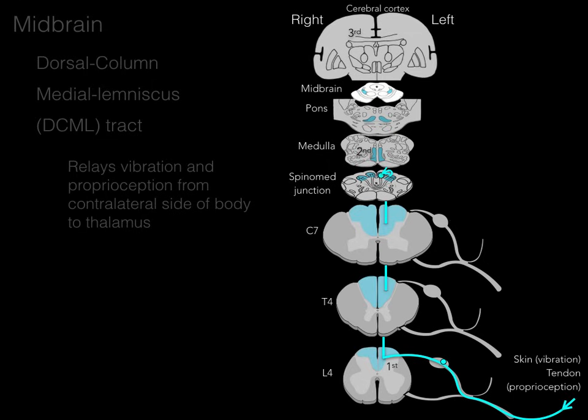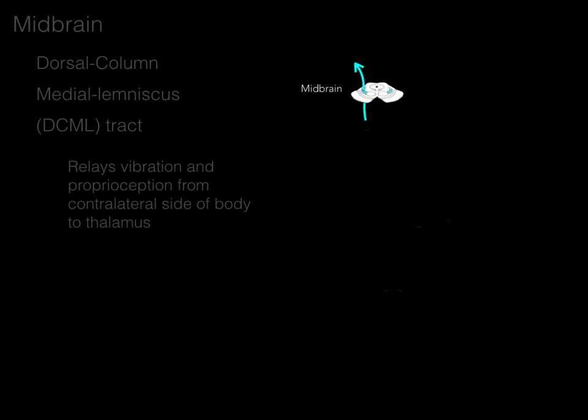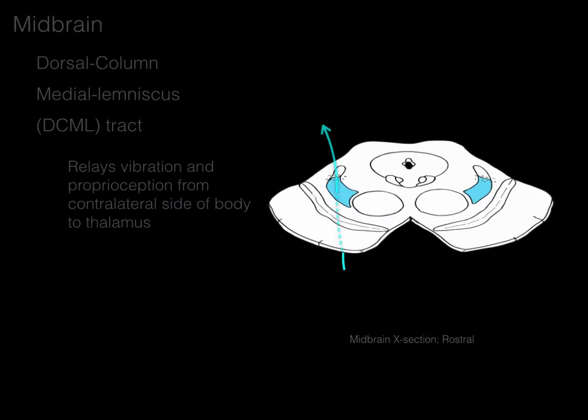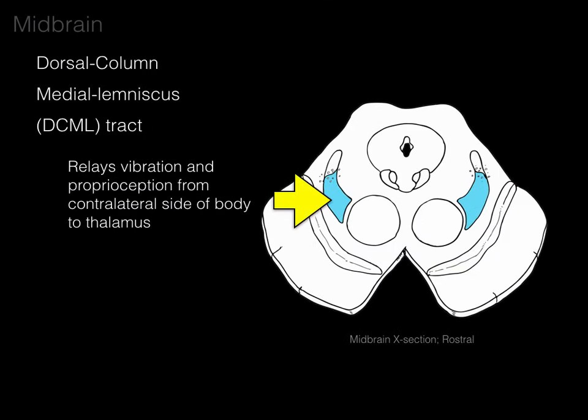It synapses with a second order neuron, which then decussates to the contralateral side and ascends all the way up, and right there we see in blue this ascending information that's relaying vibration and proprioception from the contralateral side of the body up to the thalamus and eventually to the cerebral cortex. But when we take a look at these sections, all we see is that.